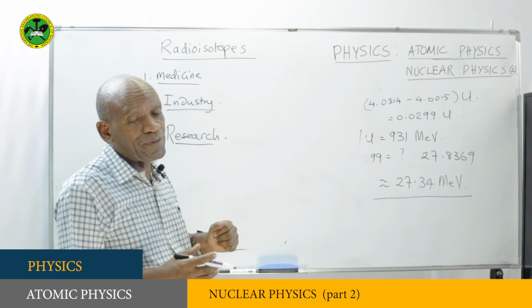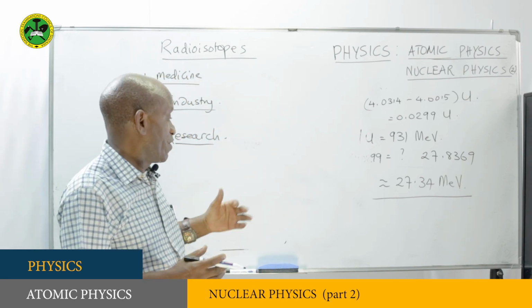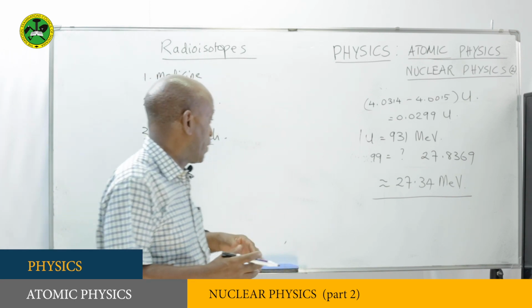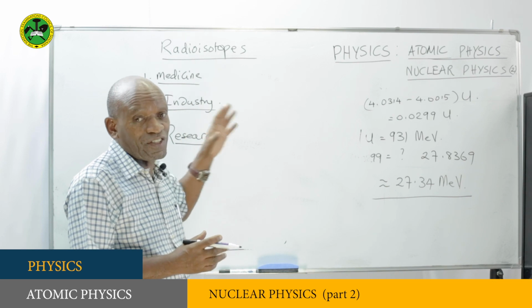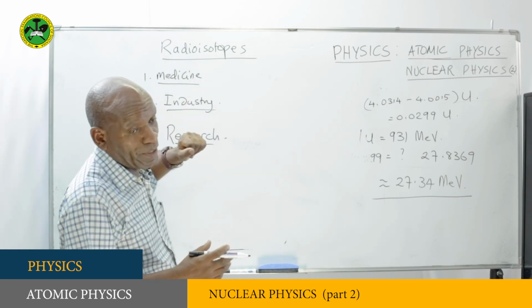These radioisotopes are really very helpful in research. It's difficult to explain here exactly how they are used, but they are very helpful in research areas. These are just a few areas where radioisotopes can be used.